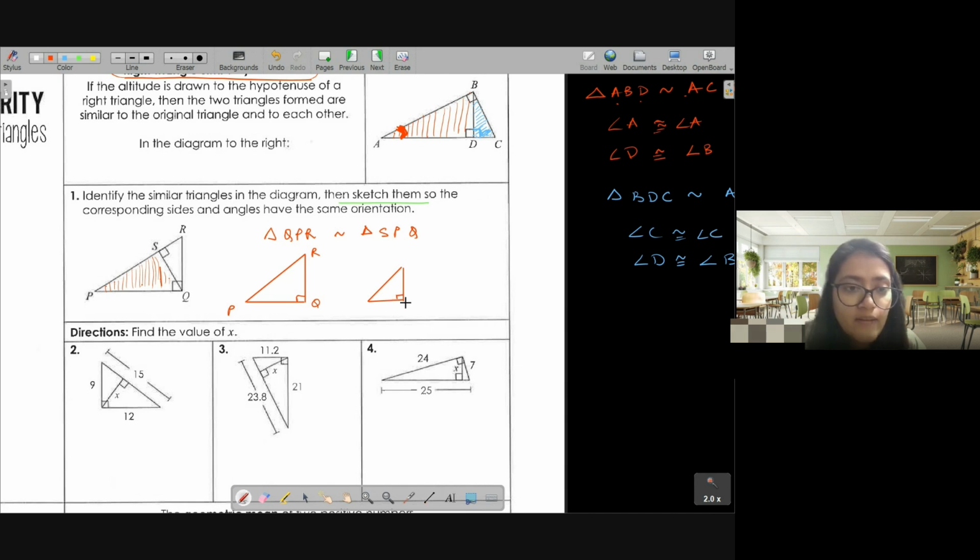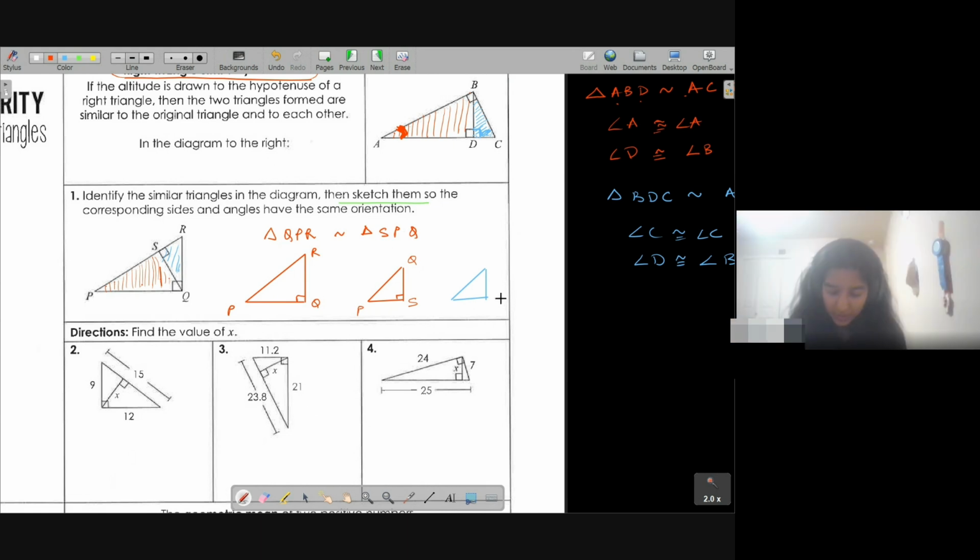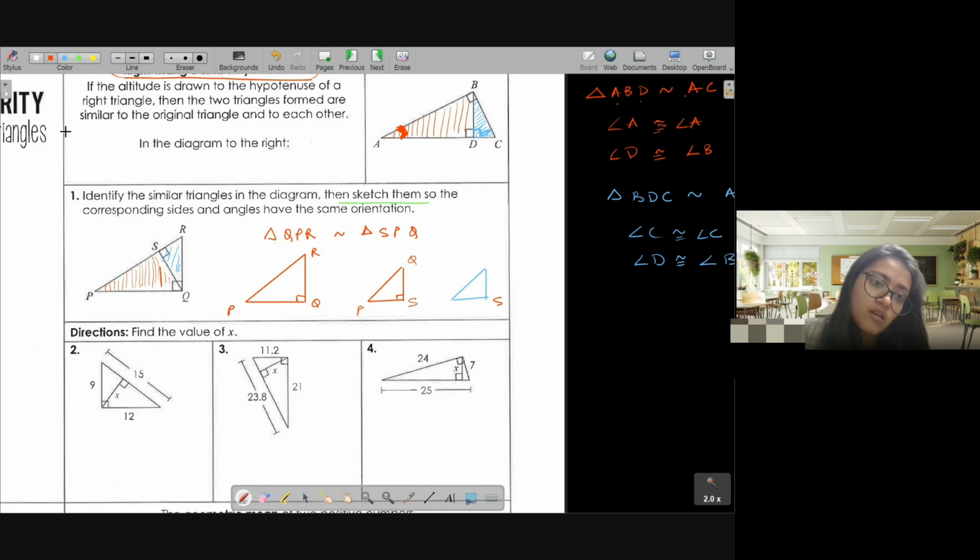The right angle is S, this is P, and this is Q. Similarly, you can draw the smaller triangle. You just have to rotate it. S will be the right angle, SQR. Compared with QPR, the common angle is R.